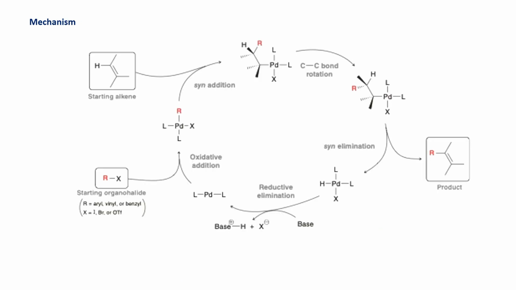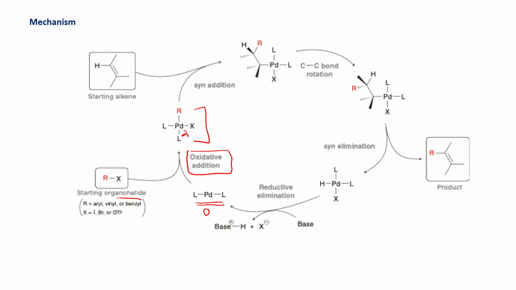Okay, so mechanism of reaction. First step always will be oxidative addition. In oxidative addition, your organohalide will bind with palladium ligand complex, palladium having zero oxidation state. It will form palladium complex having oxidation state of 2.